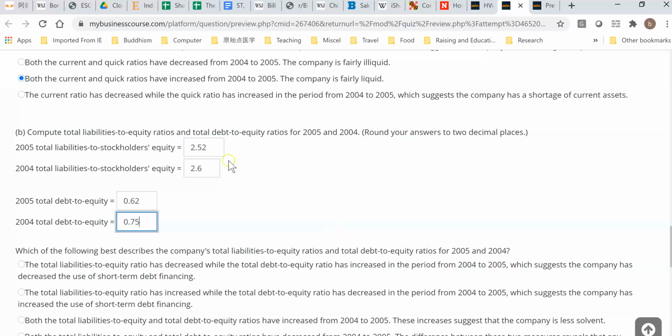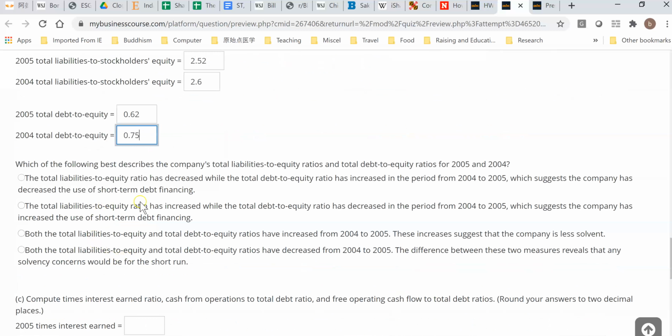If we do a quick observation, we can see that both ratios went down from 2004 to 2005. So then we can use that observation to see which of the four choices matches. The total liabilities to equity ratio has decreased, so that's correct, while the total debt to equity ratio has increased, that's not correct. And the total liability to equity ratio has increased, which is not correct.